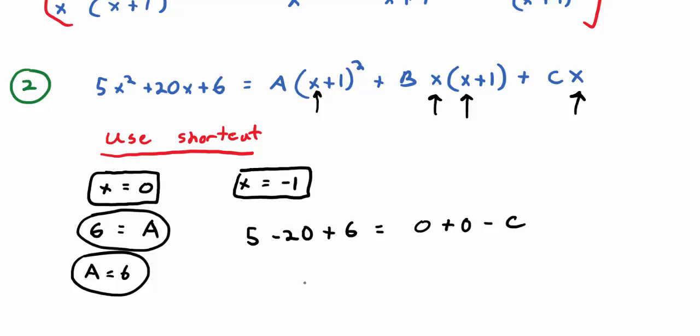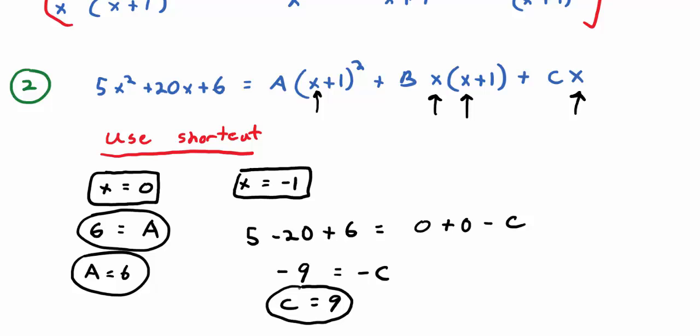So what does that end up being? So 5 minus 20 is what? -15 plus 6, -9 equals -c, or c equals 9.